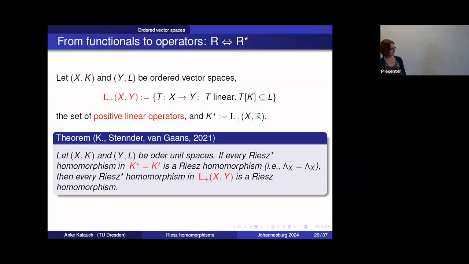If you want to know whether these 2 notions coincide for ordered vector spaces, it's enough to check whether they coincide on the K prime, or even on Z. That's enough. We only have to check whether lambda equals lambda bar, and this you see in most cases easily. Then you get it for all operators.